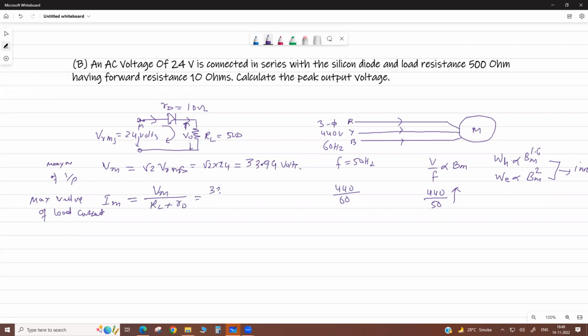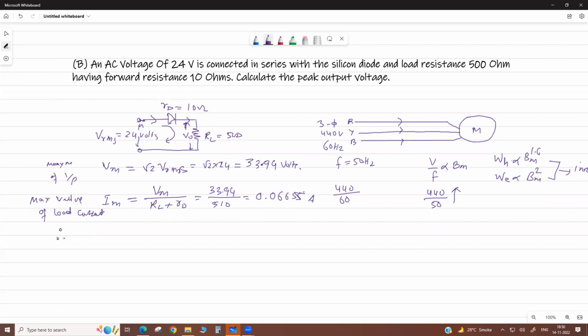So it is 33.94 divided by 510. It comes 0.06655 ampere.